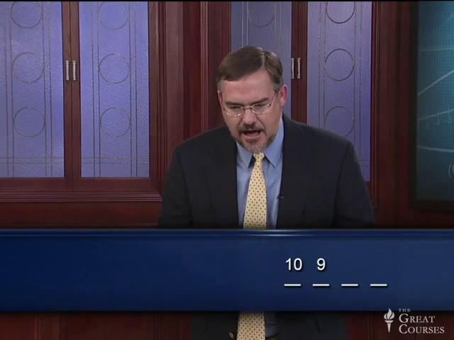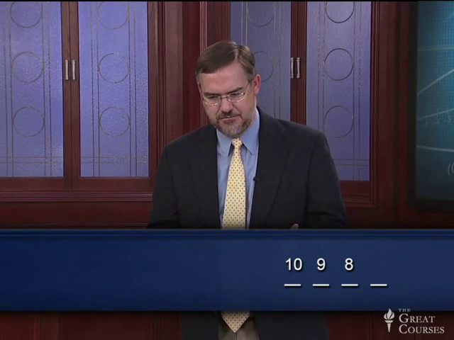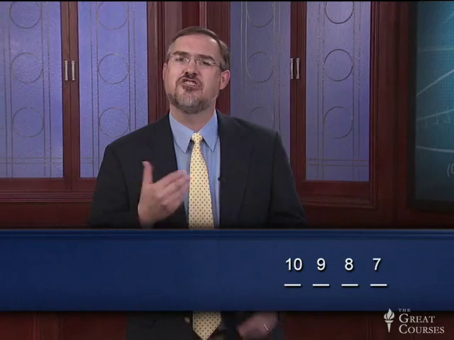So I have 10 choices for the first, I have 9 choices for the second, and now I want to look at the third blank. And in that case, I'm going to have 8 different possibilities for the third blank. And finally, I would have 7 different possibilities for the fourth blank.